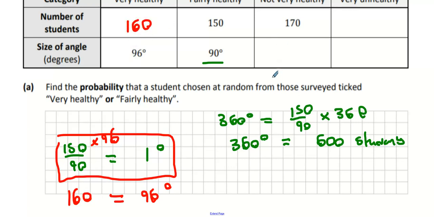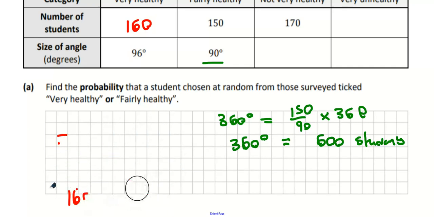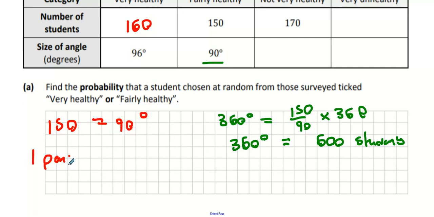Okay. Next thing we're going to do is the reverse situation. We know that 150 people equals 90 degrees. So let's find out what one person is. Well, one person would be 90 divided by 150.